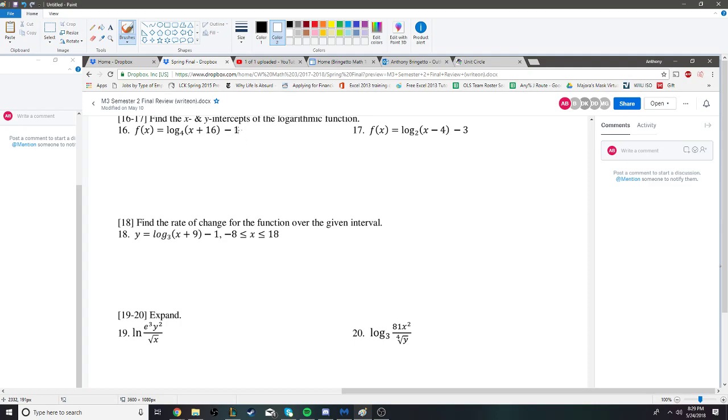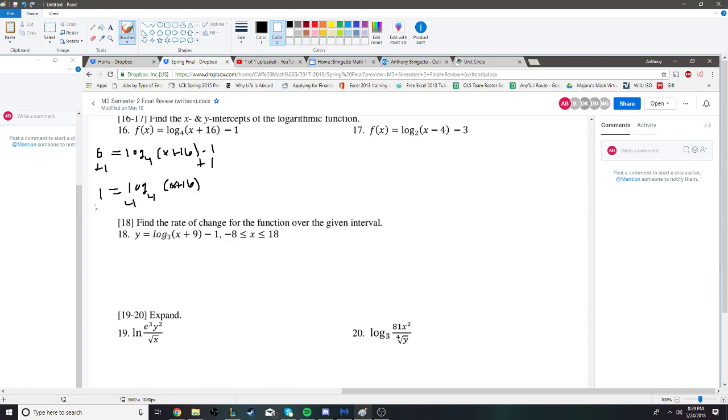Okay, so we are going to find x and y intercepts. To find the x-intercept, set y equal to 0. 0 is equal to log base 4 of x plus 16, minus 1. Add 1 to both sides. So 1 is equal to log base 4 of x plus 16.